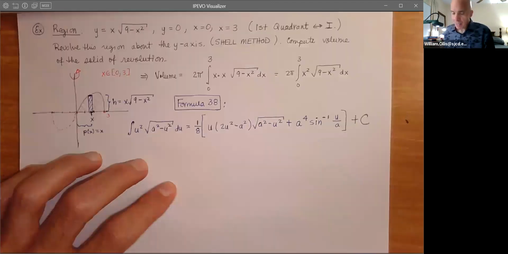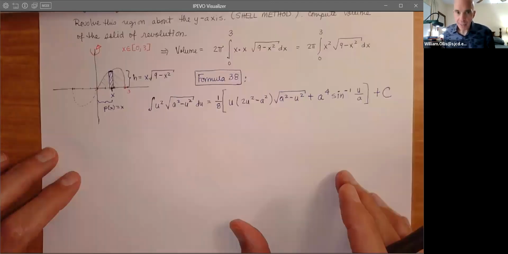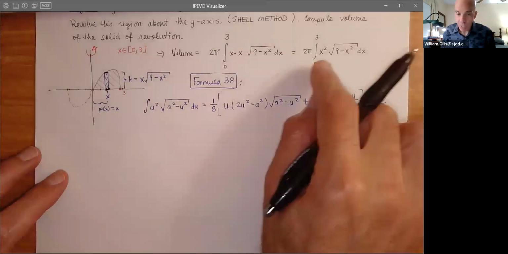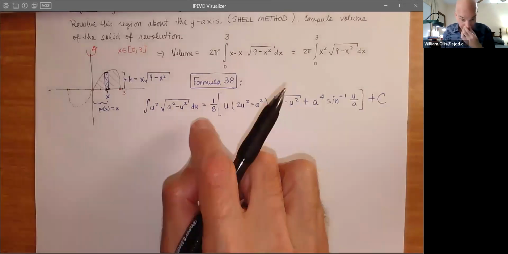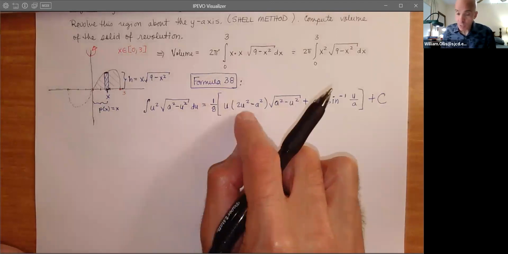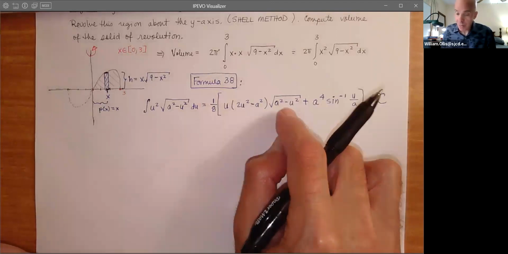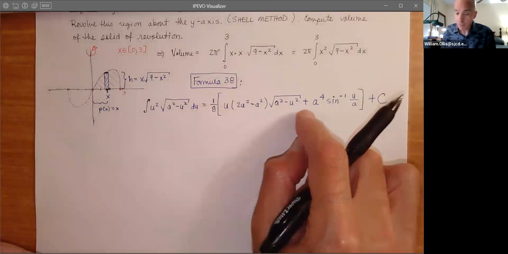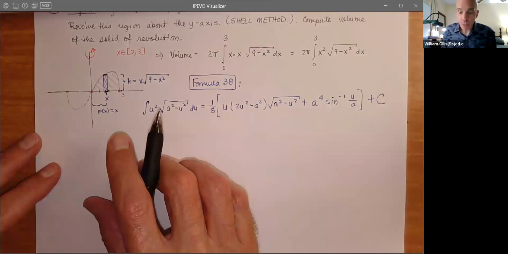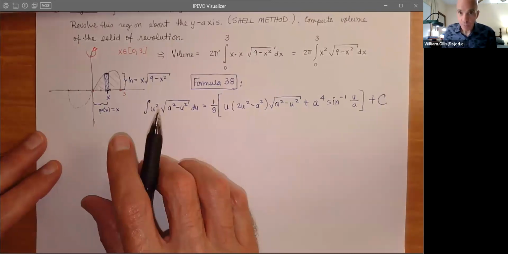So that would be a big help in doing this problem. We've got this nice integral formula that matches this one. We have the 1/8, the u, the 2u squared minus a squared, the square root of a squared minus u squared, plus a to the 4th inverse sine of u over a. That would be nice to use to put this problem to rest.